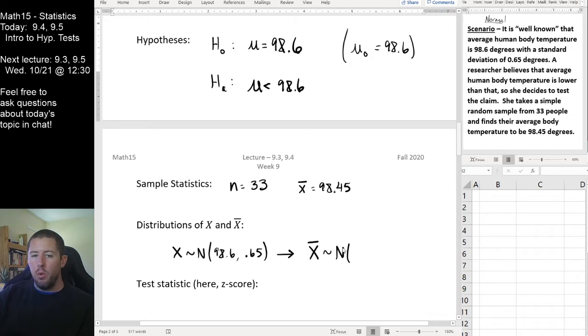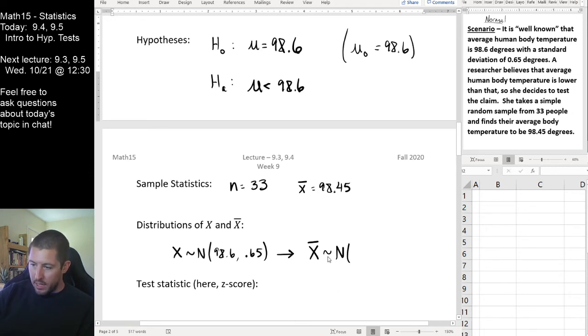Their average value will be normally distributed. So in this case here, we don't even need this information. This is what we need to be normal. And the thing that we know it's normal because of is because our sample size here was larger than 30. So when we take groups of more than 30 at a time, the distribution of their averages will be normal.